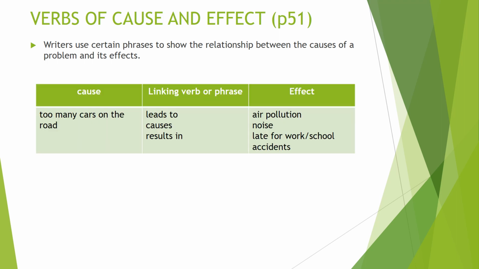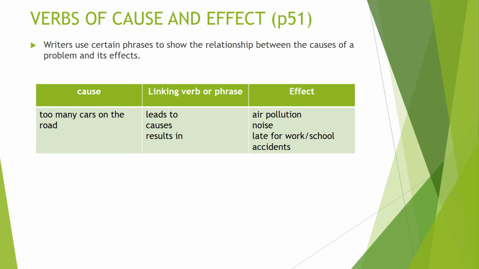Let's start with this part of the table. Here we have the cause, too many cars on the road, and the effects, air pollution, noise, late for work and school, accidents. Now we can use some of the vocabulary, the verbs, to link them.